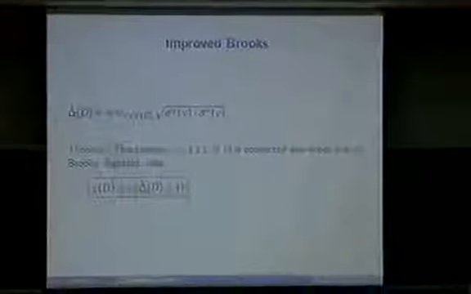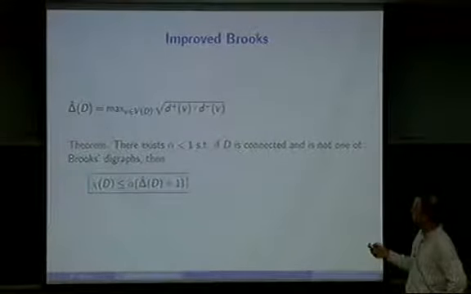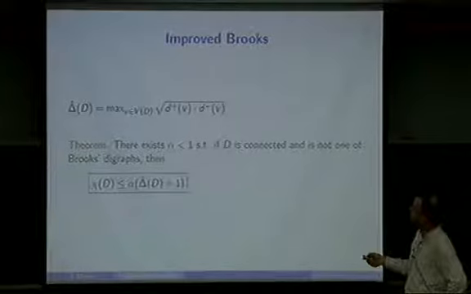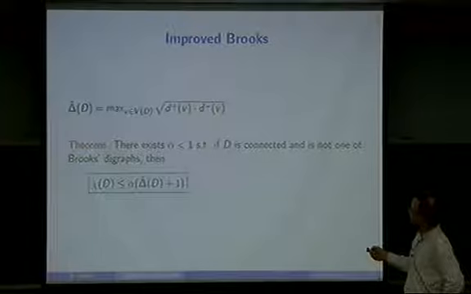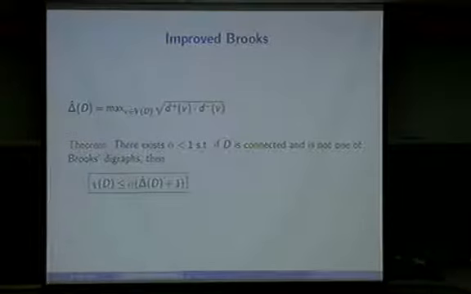Now, this is a kind of definition of what you use for the delta. We know we cannot use the minimum of the out degree and in degree. One other thing would be to use the average.